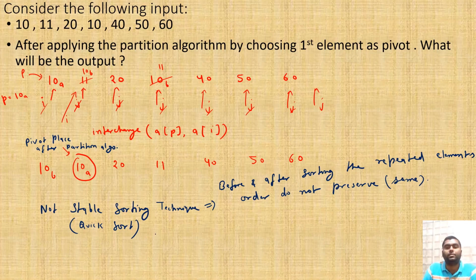That's why it is not a stable sorting technique. But anyhow, quick sort is an in-place sorting technique, because we are doing all the sorting-related tasks in just the given area only. We are not taking any extra space.